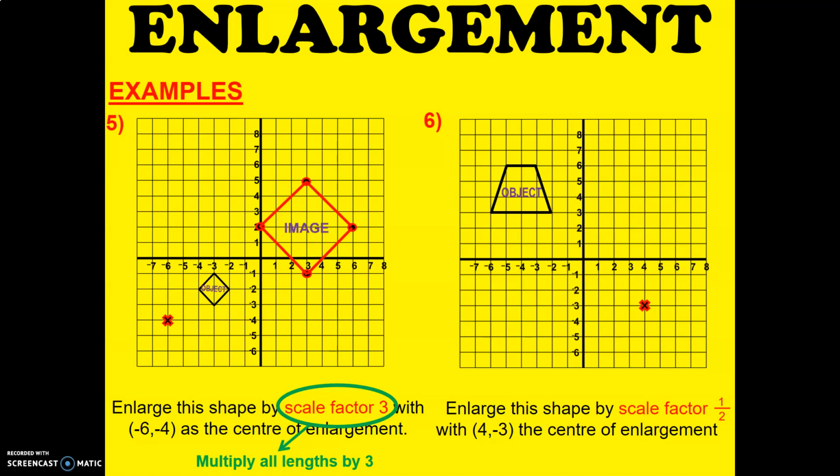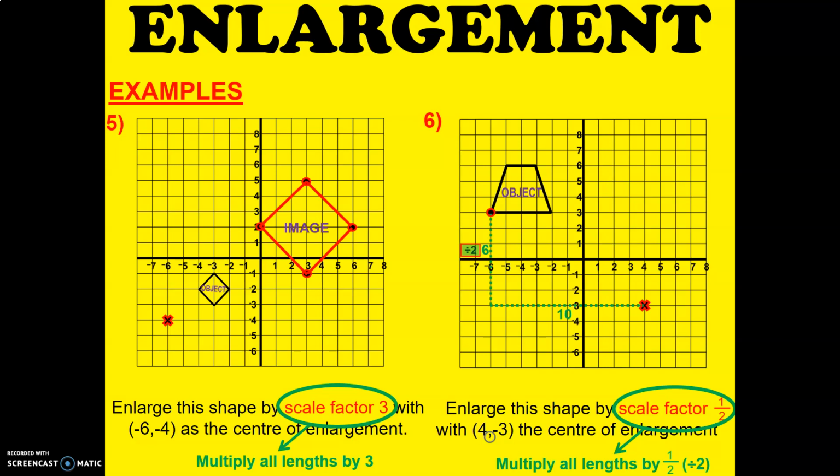Same with example 6, enlarge the shape by scale factor 1/2, with 4, -3 as the center of enlargement. So scale factor 1/2 means multiply all lengths by 1/2 or divide by 2.